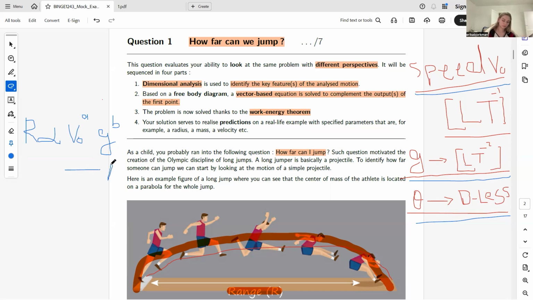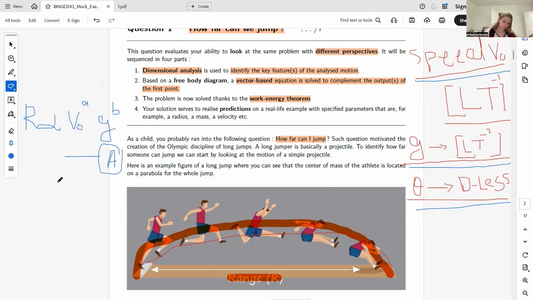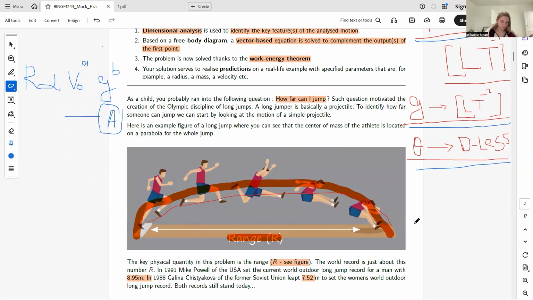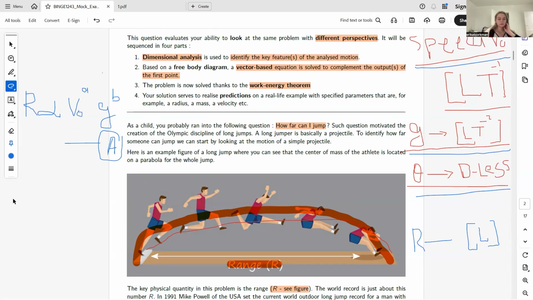You can say that this is equation A that we will use at the end after calculating the values of a and b. Range, as we have already discussed, is a length. If it is a length, then it will have the dimension of length. So we can write it like this: R has the dimension length L. Now we need to compare the left and right sides of this equation dimensionally.